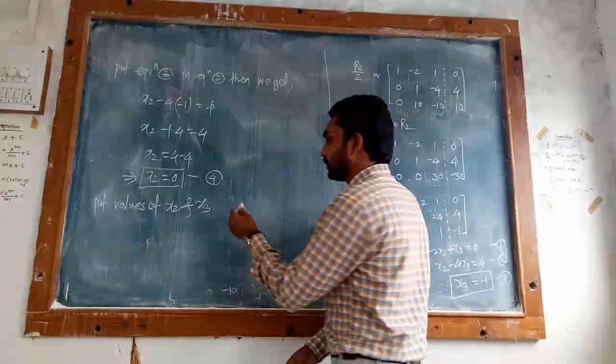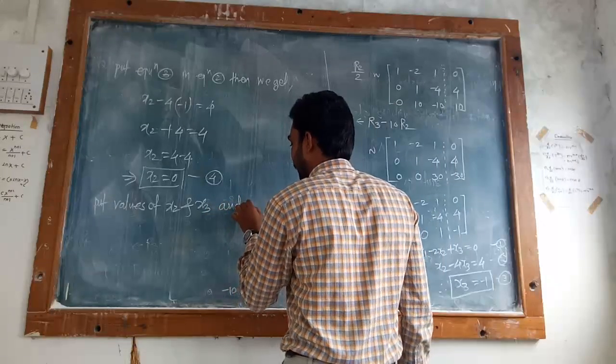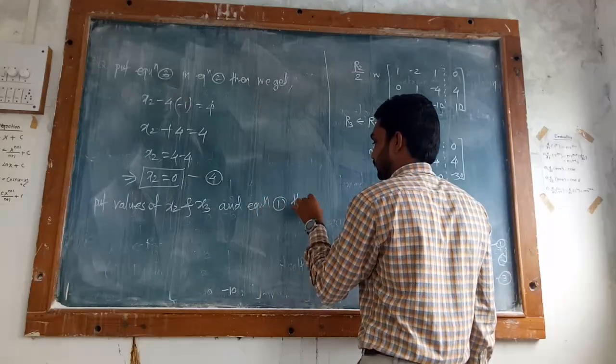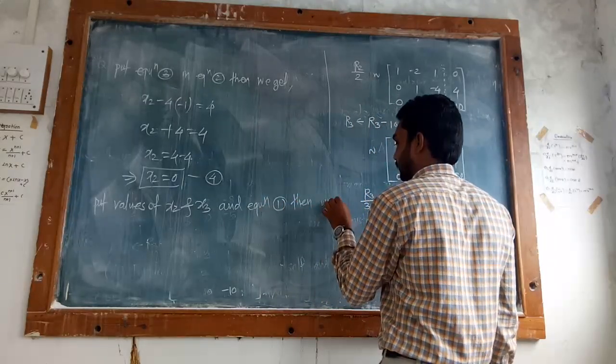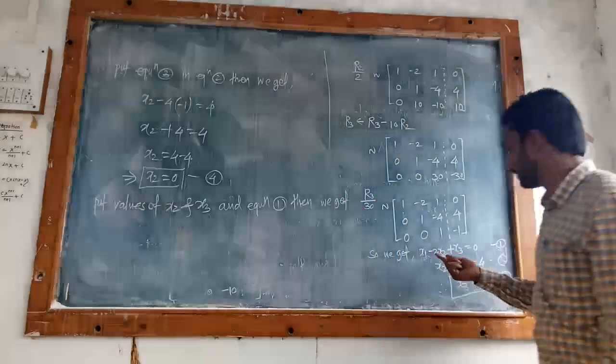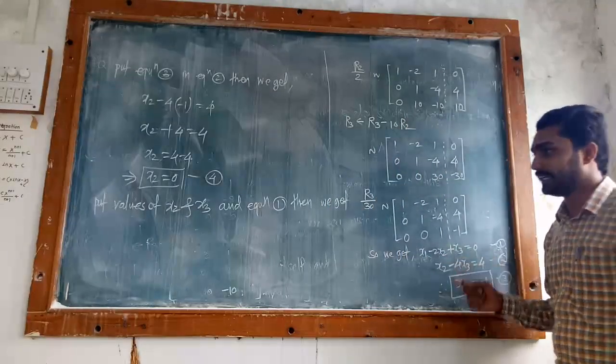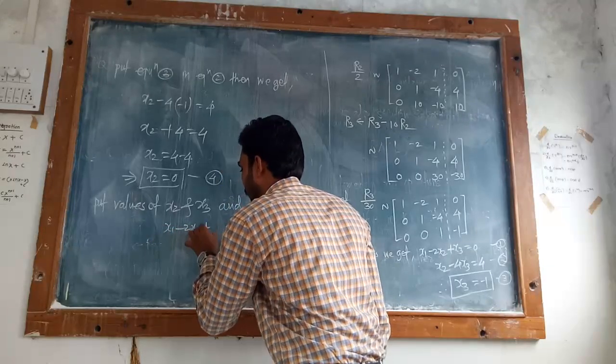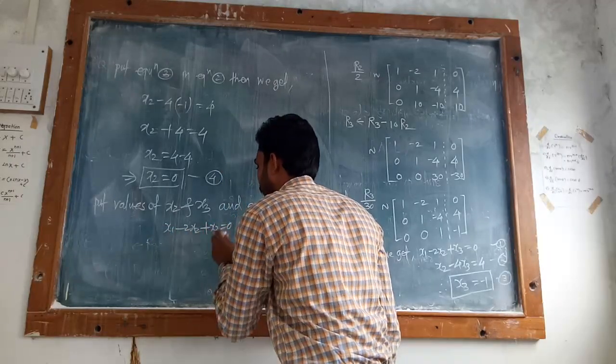What is your equation 1? x1 minus 2x2 plus x3 equal to 0.